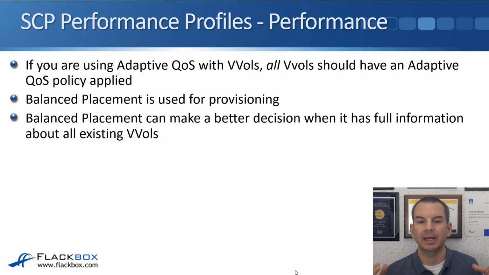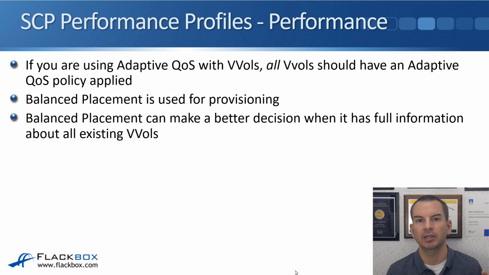If you're using adaptive QoS with vvols, then all vvols should have an adaptive QoS policy applied. This is because balanced placement is used for provisioning. When you've got a vvol data store, it can be made up of multiple different volumes.